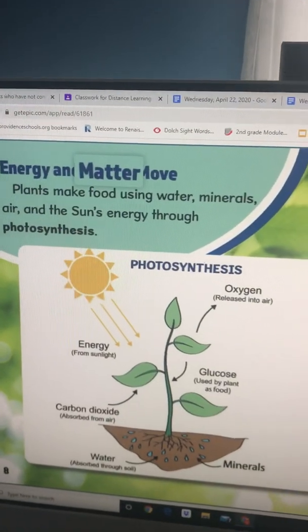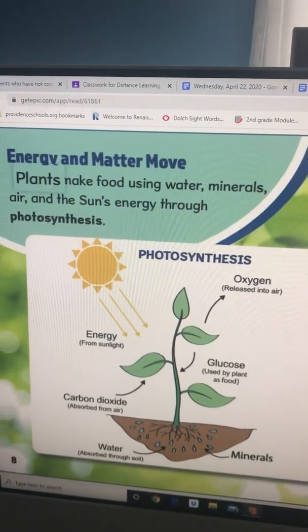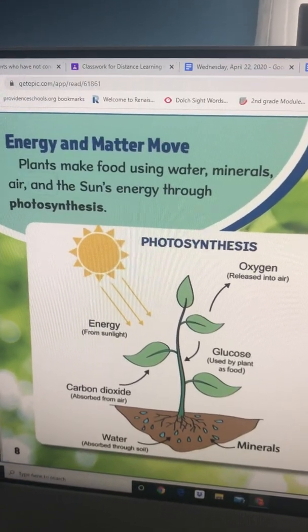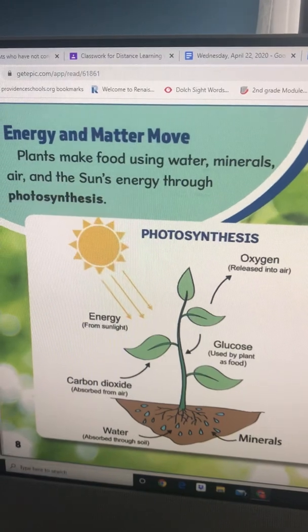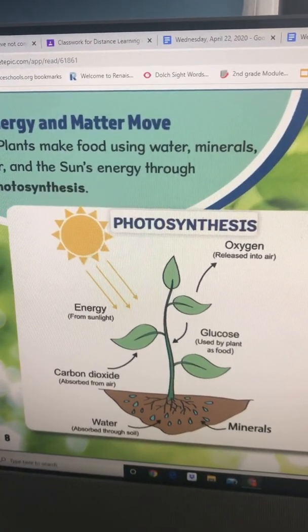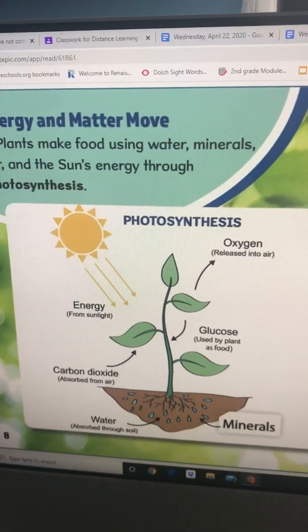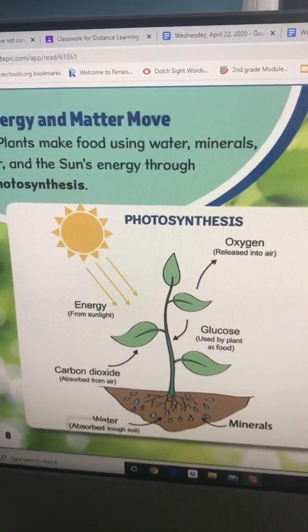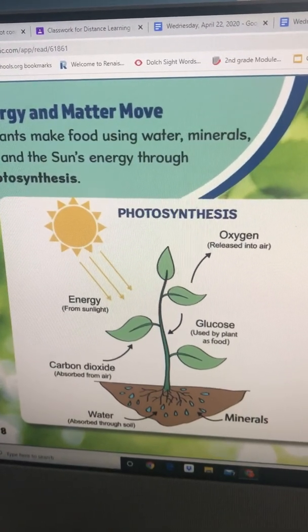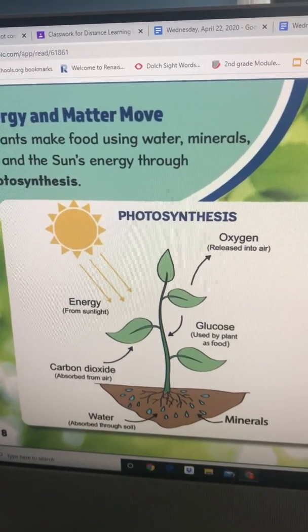Energy and matter move. Plants make food using water, minerals, air, and the sun's energy through photosynthesis. Minerals and water are absorbed through soil. Carbon dioxide is absorbed from air.